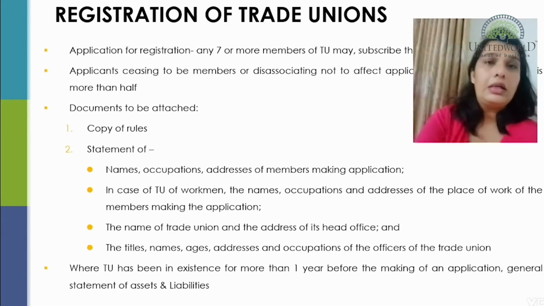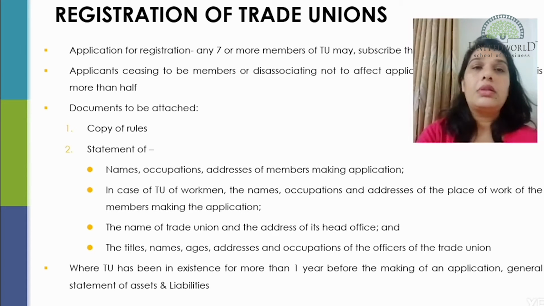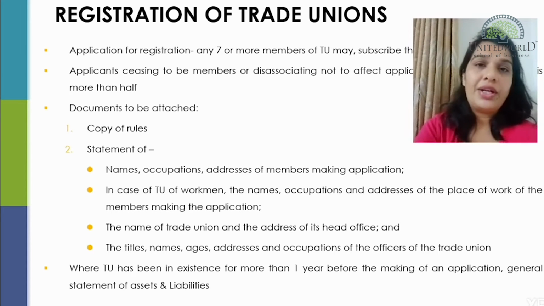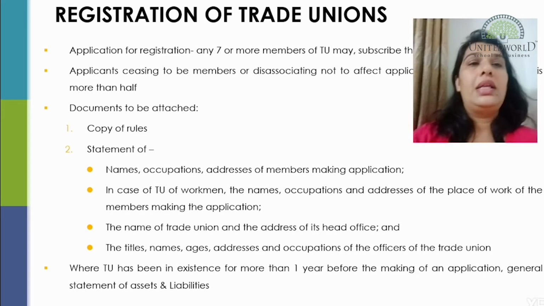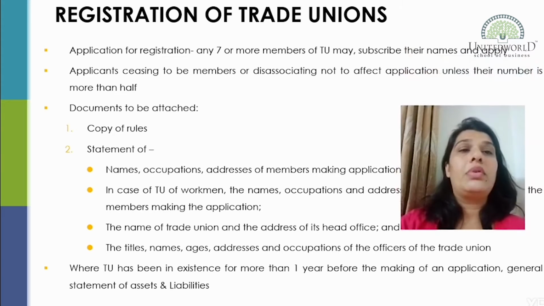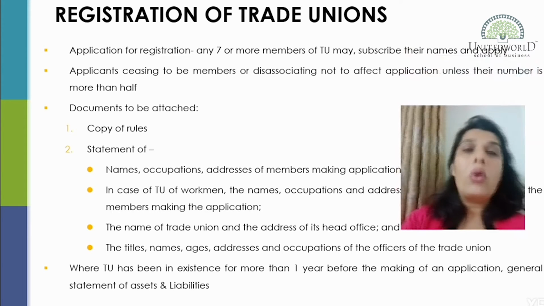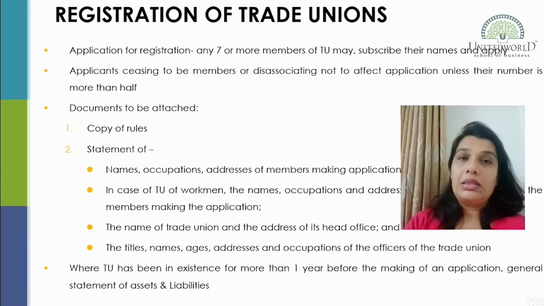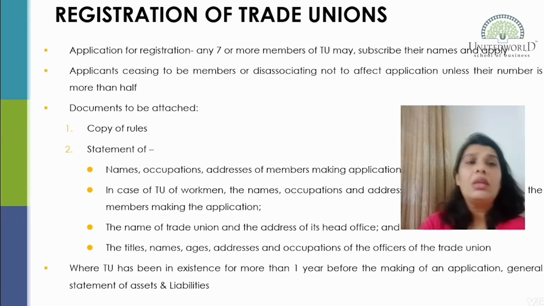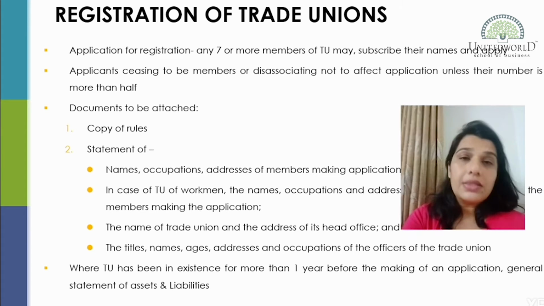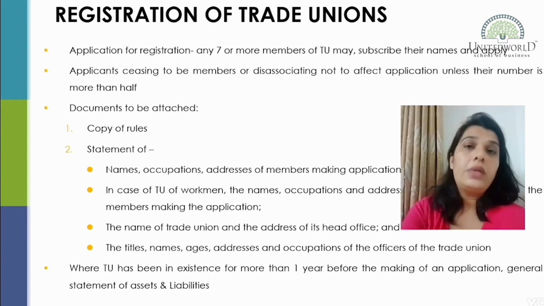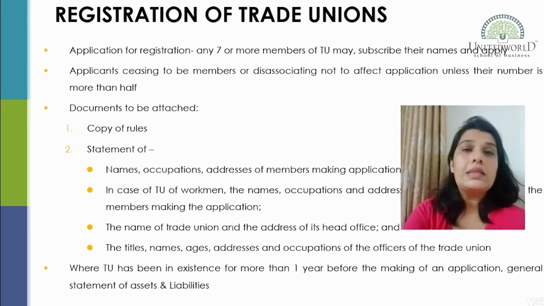Now the registration process of a trade union is narrated. Every trade union formed by seven or more people has to be registered under the Trade Unions Act, 1926.